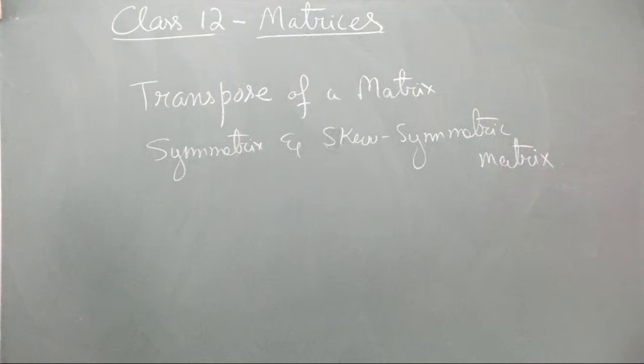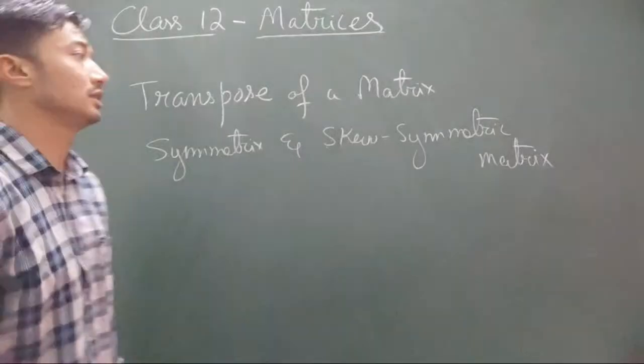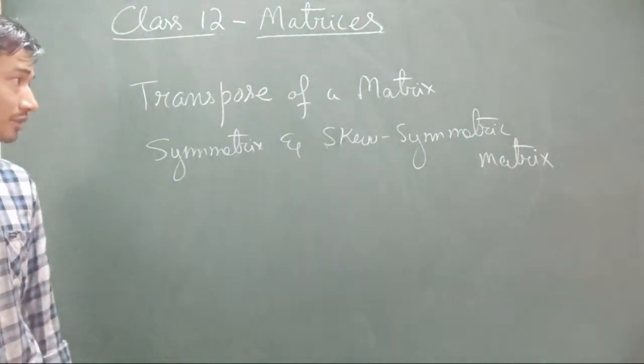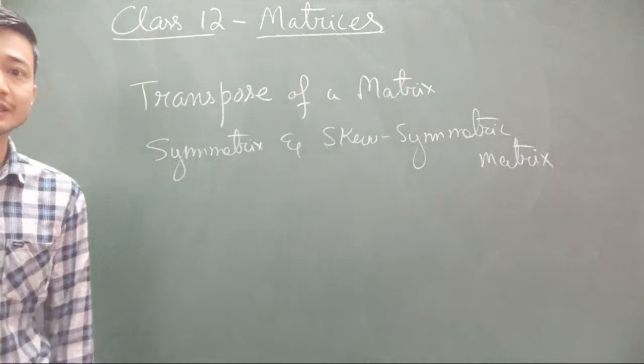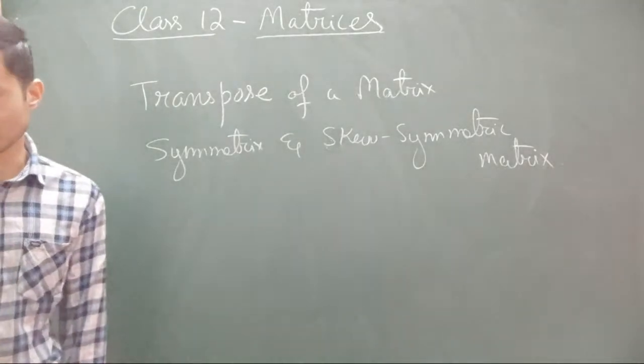But as I've already told you before, we are not going to be going for the proofs of the properties. We are just going to be learning how to do all this stuff. So a very interesting topic today. Transpose of the matrix will lead to adjoint, inverse, symmetric and skew-symmetric matrices.